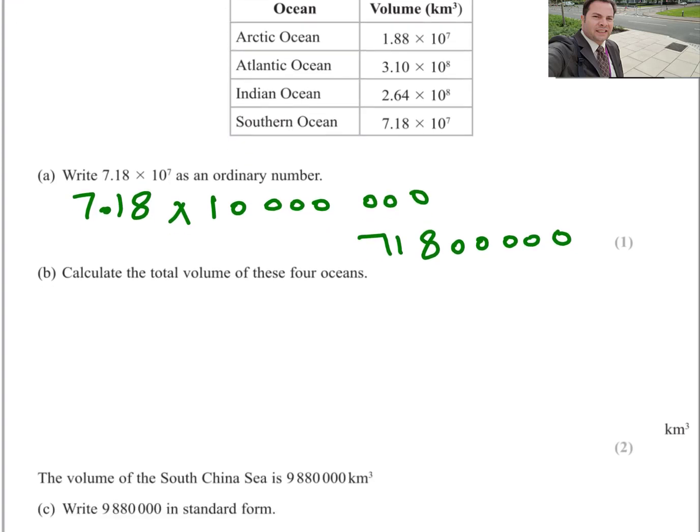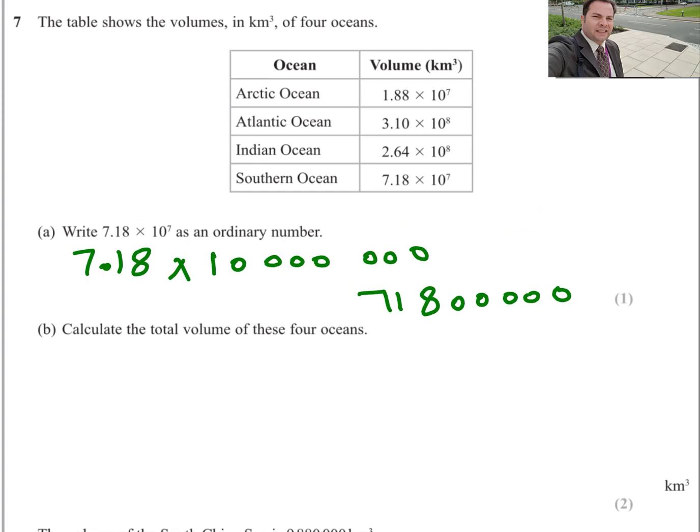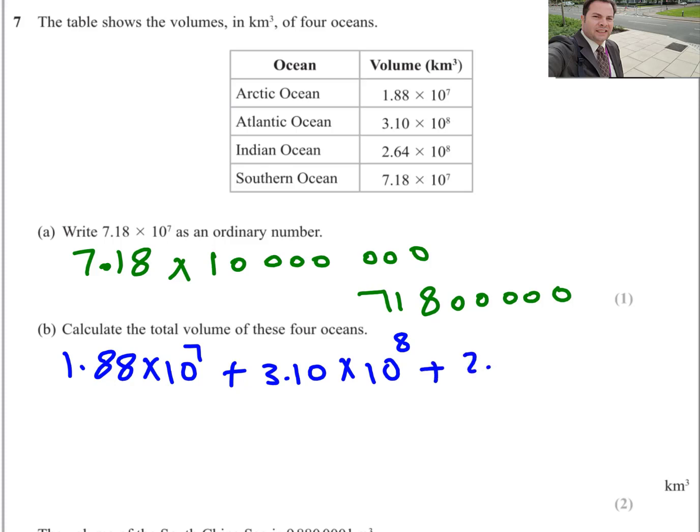Part B. Calculate the total volume of these 4 oceans. Just find their sum by using the calculator. 1.88 times 10 to the power of 7 plus 3.10 times 10 to the power of 8 plus 2.64 times 10 to the power of 8 plus 7.18 times 10 to the power of 7.